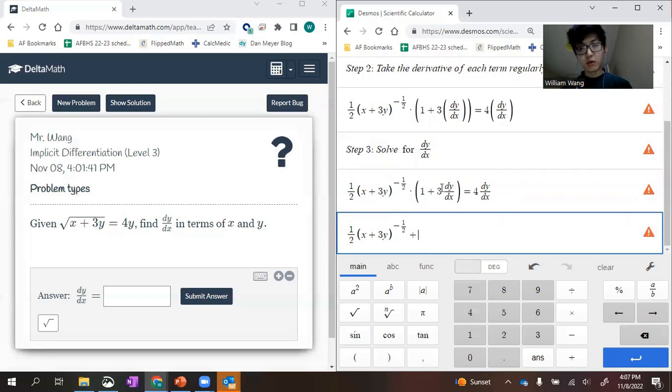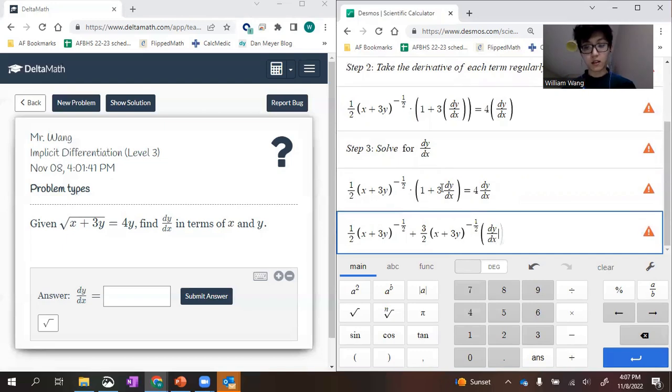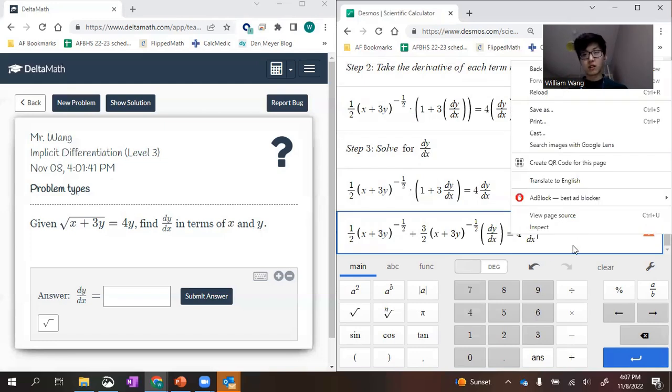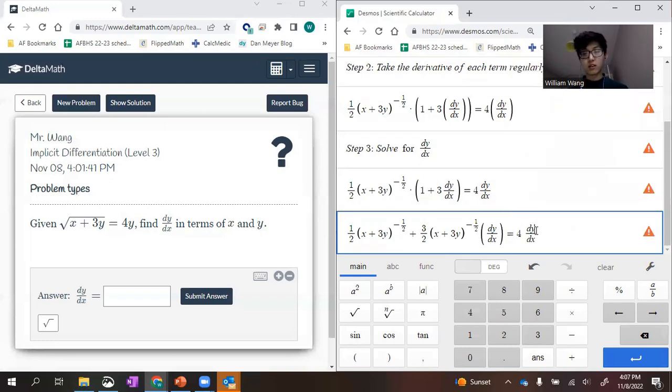So this times 3 dy over dx would be 3 over 2 (x plus 3y) to the negative 1/2 dy over dx. Cool. And that's equal to 4 dy over dx. So I just distributed this.